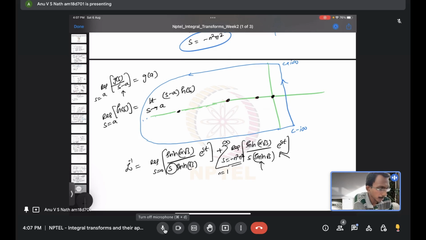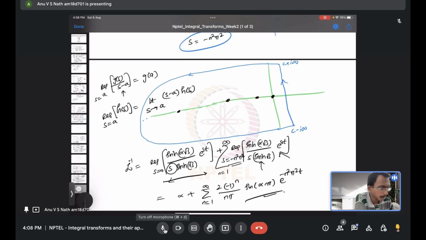Then you do the summation, add this value, and you can get the solution. For this particular case, the solution will look like α + Σ from n equal to 1 to infinity of 2(-1)^n/(nπ) sin(αnπ) e^{-n²π²t}.